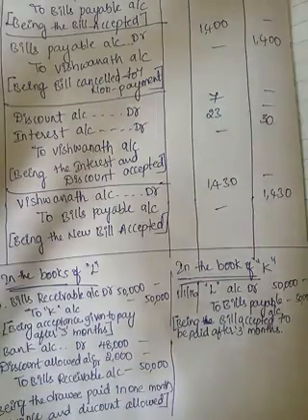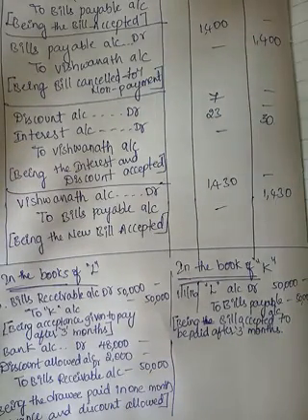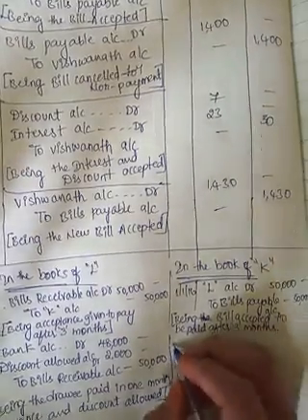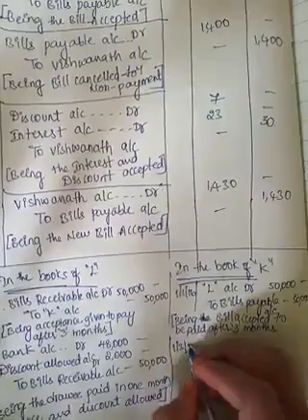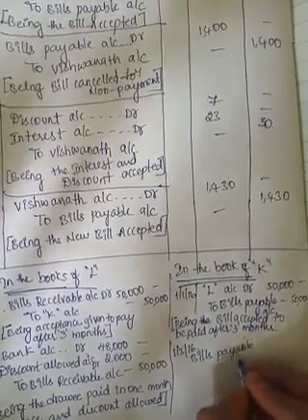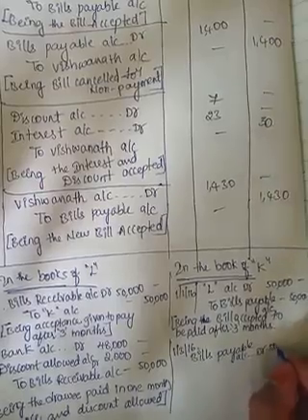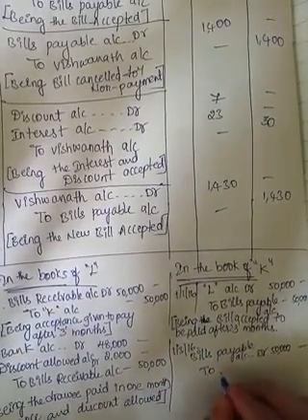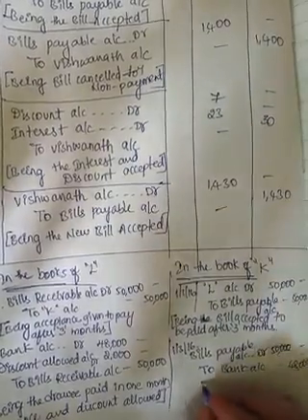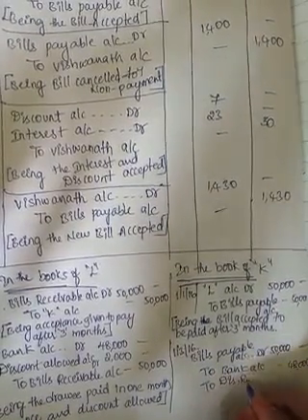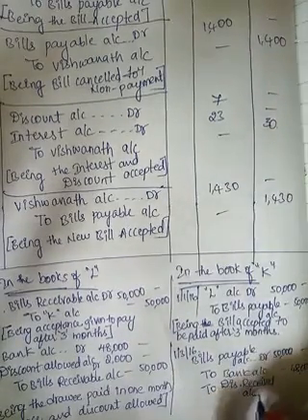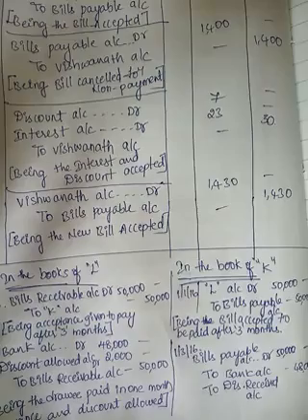In the books of K, what is the entry? In the books of K, the entry is on 1st March 2016: bills payable account debit is 50,000 to bank account is 48,000 and to discount received account is 2,000.